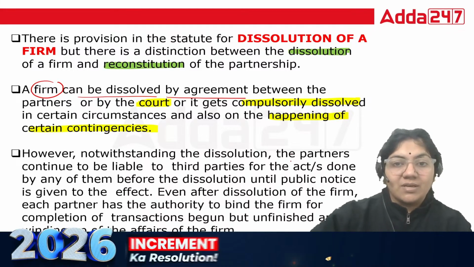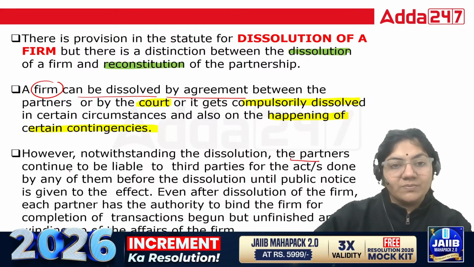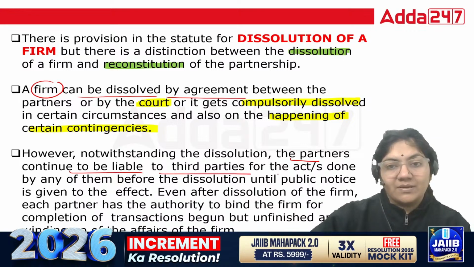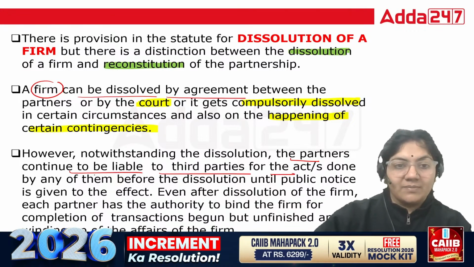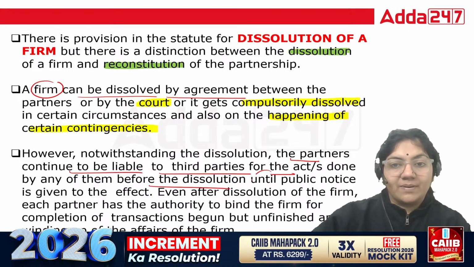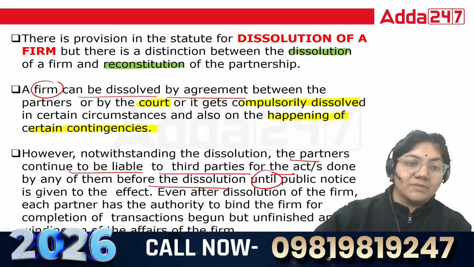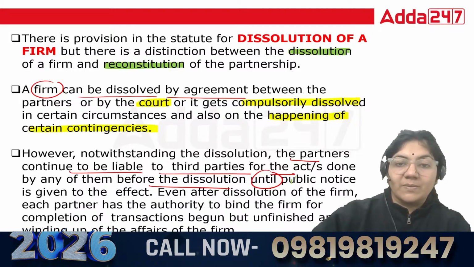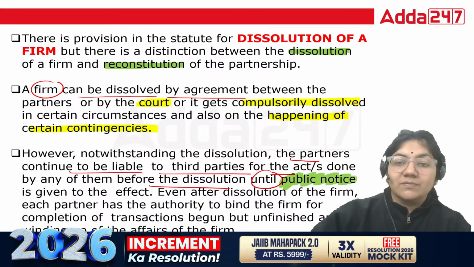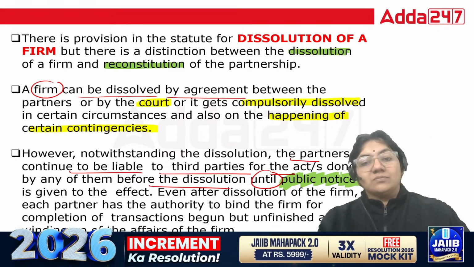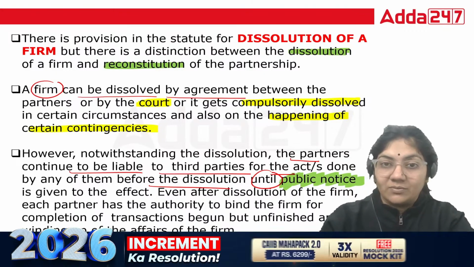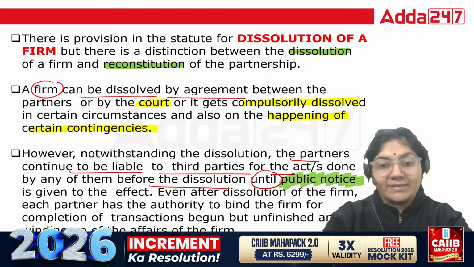notwithstanding the dissolution, the partners continue to be liable to the third party for the acts done by them before dissolution until public notice is given. So class, if the partnership firm is going to be dissolved, always remember public notice is very much required, that you have to give. Without public notice, the liability will remain as it is.